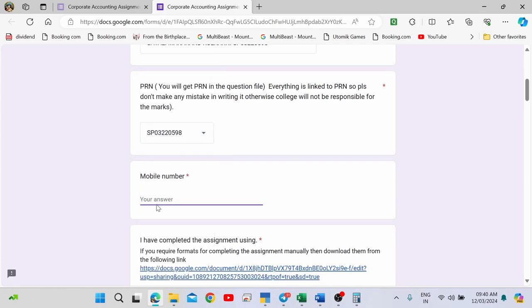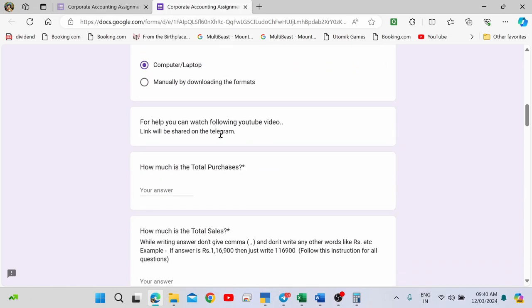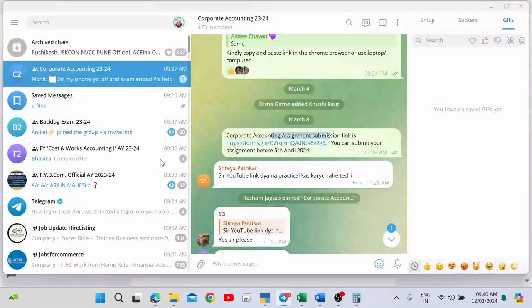Then you can write your mobile number, whatever, and then say that I have done the assignment with the help of computer and then YouTube video.